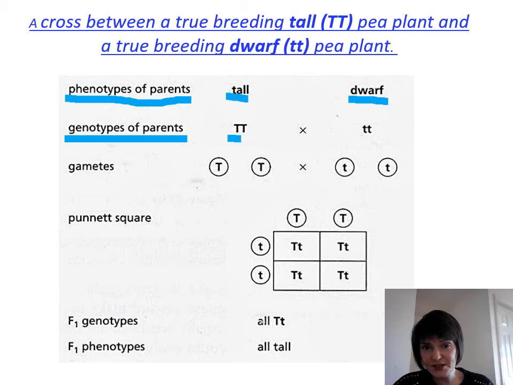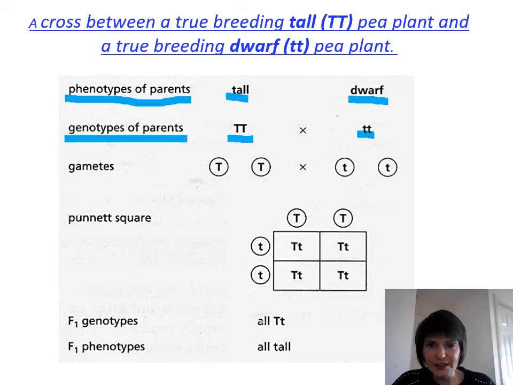So it must have the genotype big T, big T, because it's true breeding. It can't be big T, wee t, because it's not. Big T, wee t is heterozygous dominant, so it's not true breeding. Okay, so look for those wee clues in the questions when you do them. Is it true breeding? Is it not true breeding?